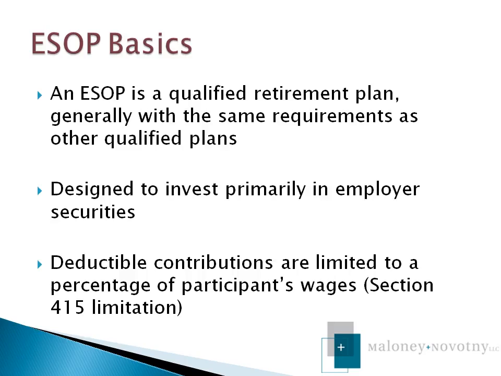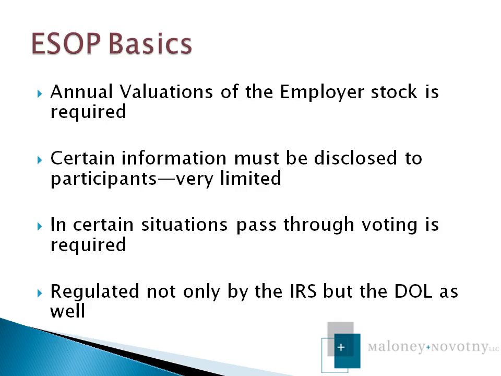So I always think about it as a bit of a funnel. The neck of the funnel may be small or large, depending upon your employee base. How many people you have that are participants in the plan will determine how much you can put into a plan as a deductible contribution. And that's typically 25% of participants' wages.